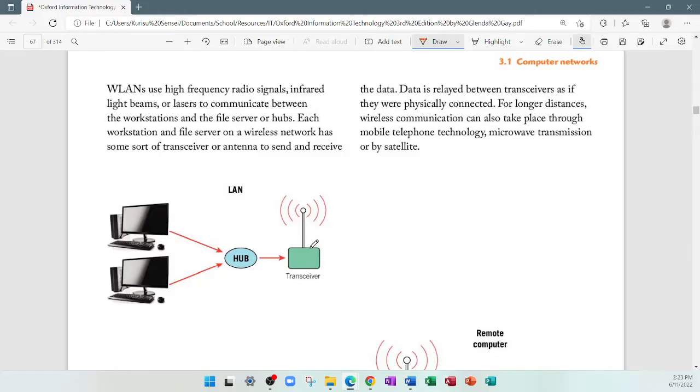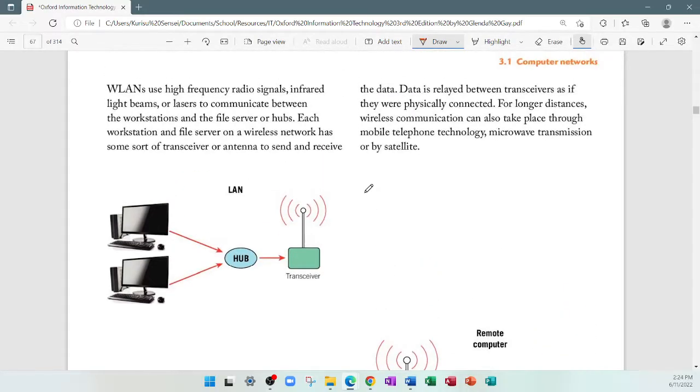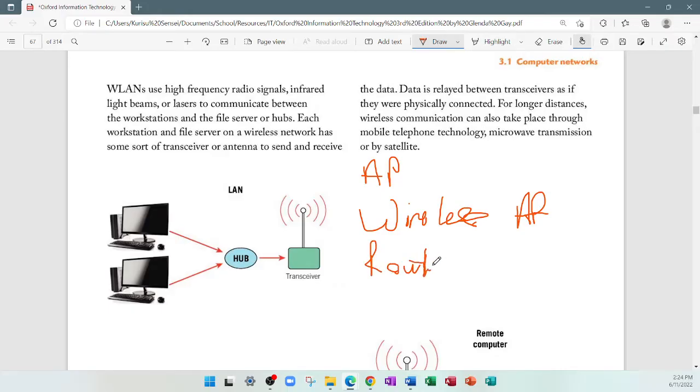It is simply an access point, or a router as we would call it today. In your exam, you might see the term access point, or wireless access point. We call it a router in our home, but it can also be referred to as a wireless access point.